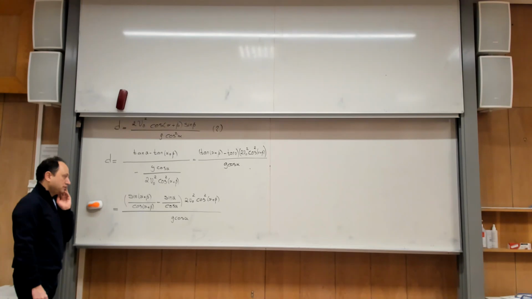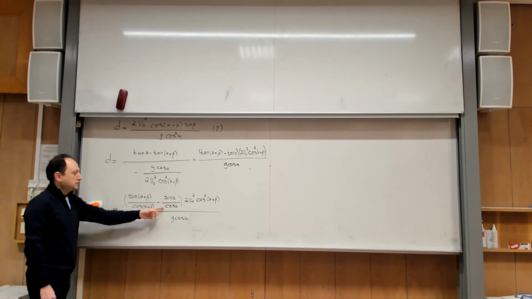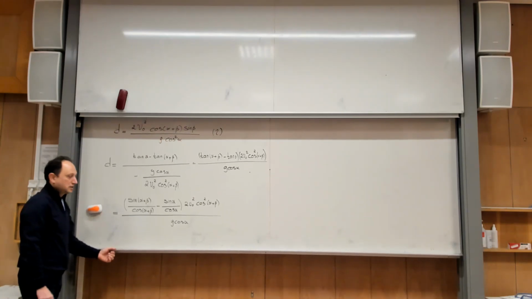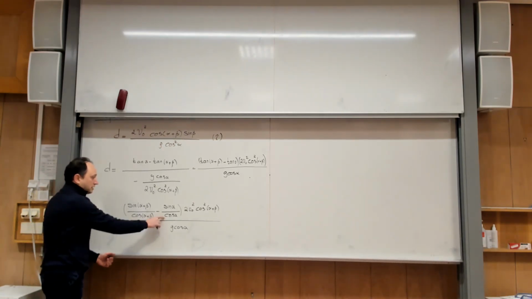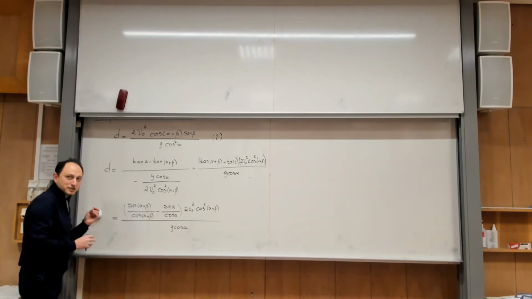But I was thinking in a different way. So let me follow my approach. I wanted to take the common denominator here because I can see what is happening. If I take the common denominator here, you might think that this becomes complicated, but actually it becomes simpler. Can you see how?